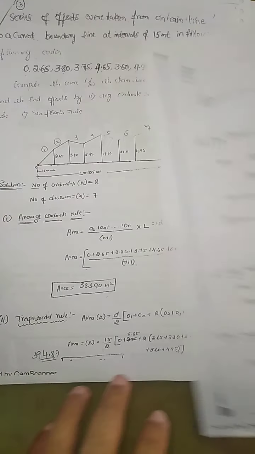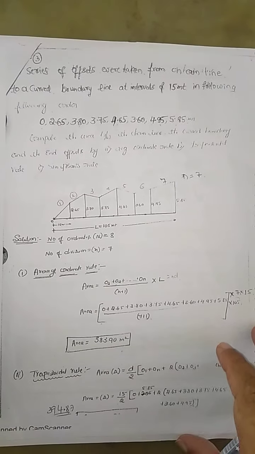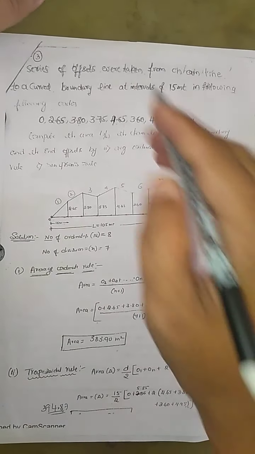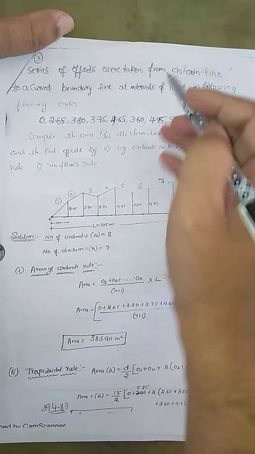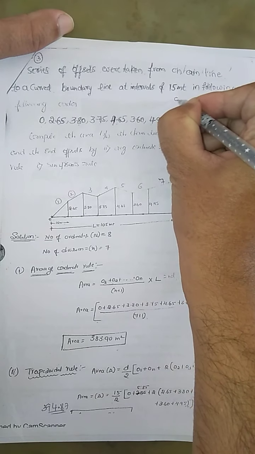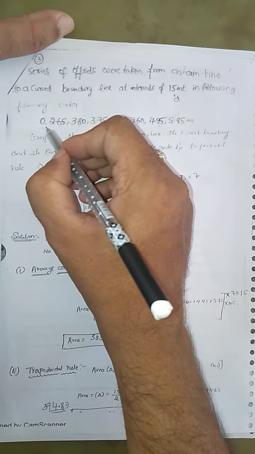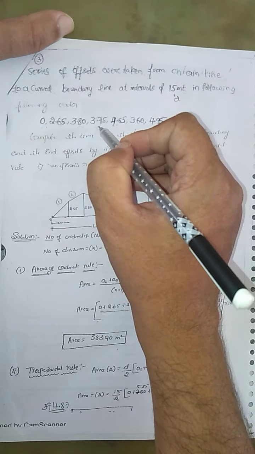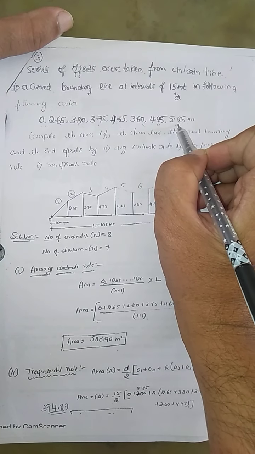Now we will see one more problem based upon the same formulas. The series of offsets were taken from a chain line to a curved boundary line at an interval of 15 meters. So D is 15 meters. The offsets are 0, 2.65, 3.8, 3.75, 4.65, 3.6, 4.95, 5.85.